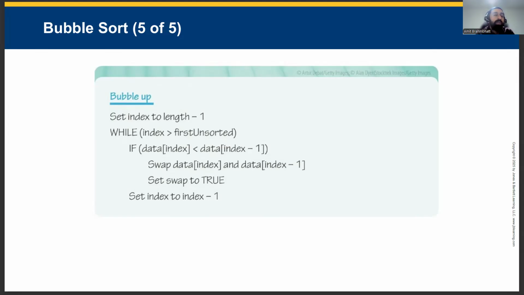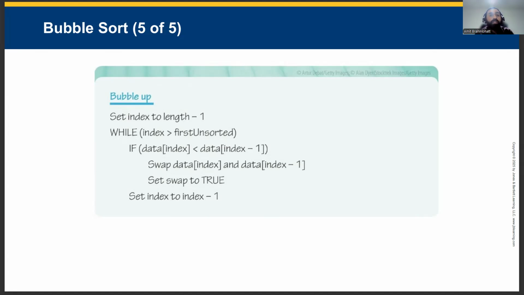And then you run a while loop when index is greater than first unsorted. Then you have an if condition where data at index is less than data at index minus 1.